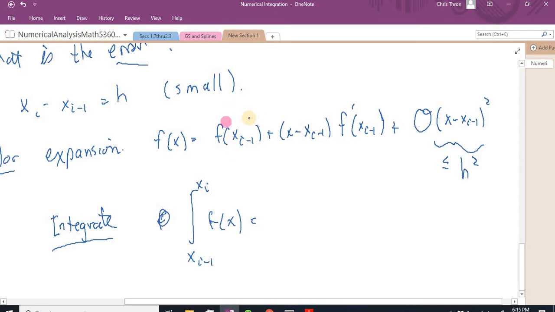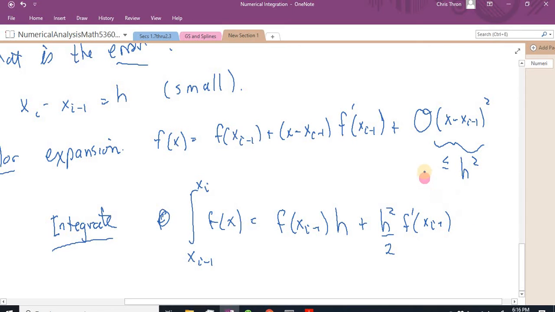now if I integrate this constant, I'm going to get f of xi minus 1 times h plus x minus xi minus 1. Well, let's see, if you integrate this on this interval, this is a linear function, and this is 0 at the lower endpoint. That's actually going to give you h squared over 2. And then this is going to be f prime of xi minus 1.